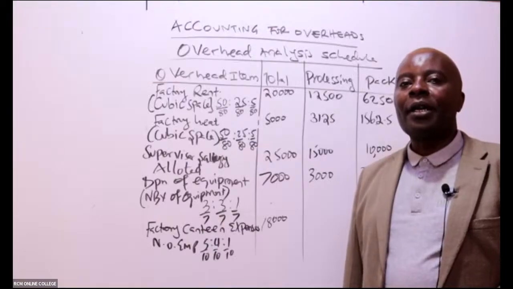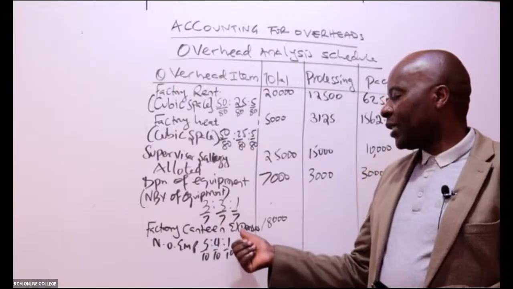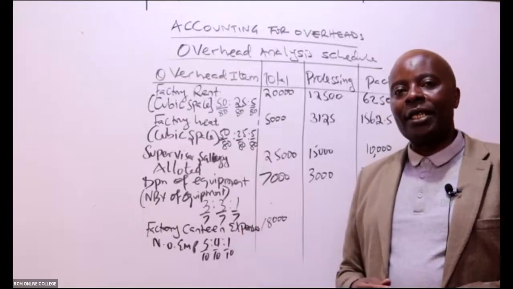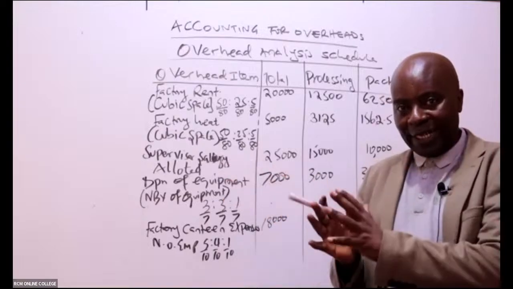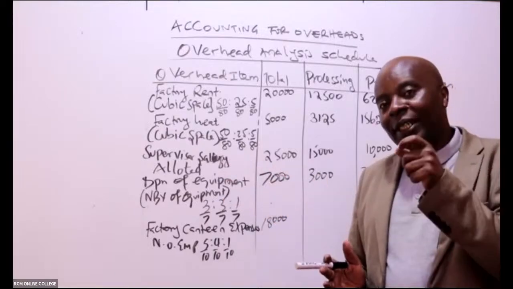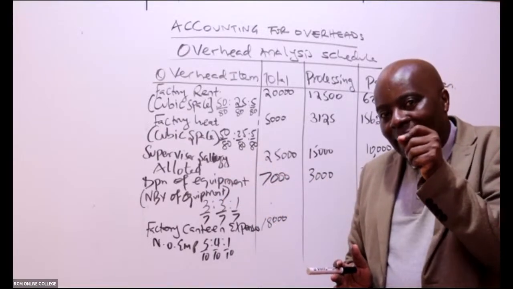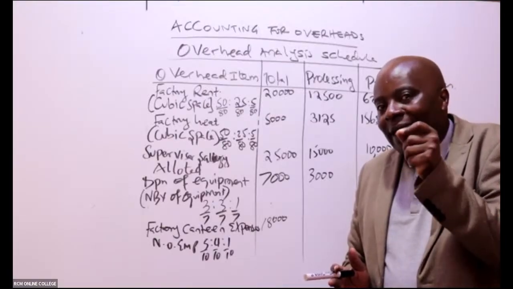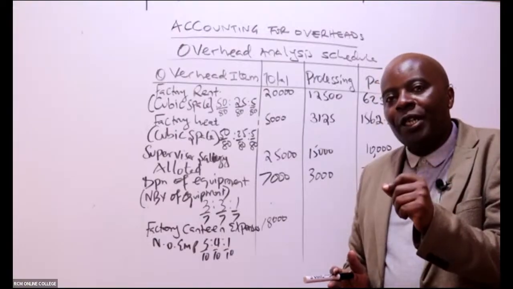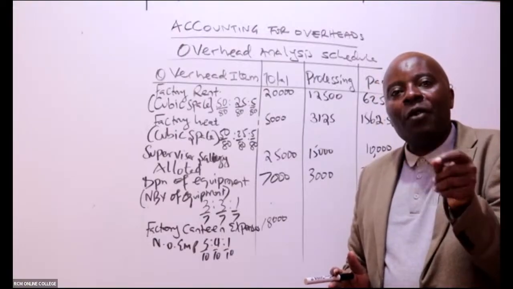Now remember, if you say that these expenses just belong to the canteen, within the factory we have a canteen section. Do you want to tell me that it is only the employees of the canteen who are eating this food? The food is available to everybody.